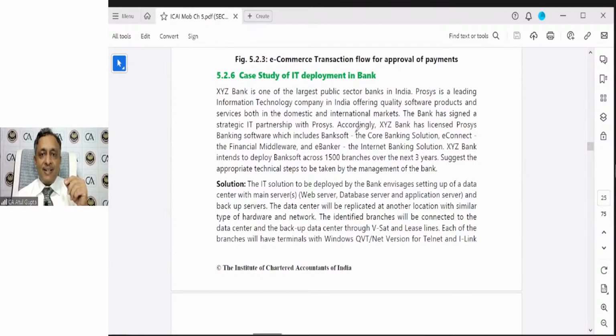See what the bank selected: Banksoft. Yes. So it selected Banksoft core banking solution, eConnect financial middleware, and eBanker for internet solutions. So they made a reasonably good selection for what is needed today, and scalability is for the future, not today's selection.